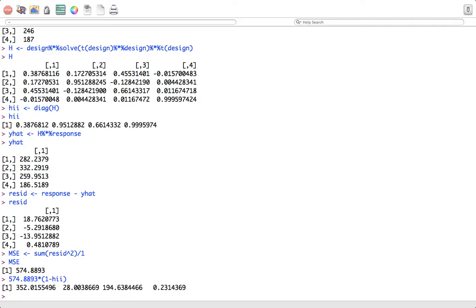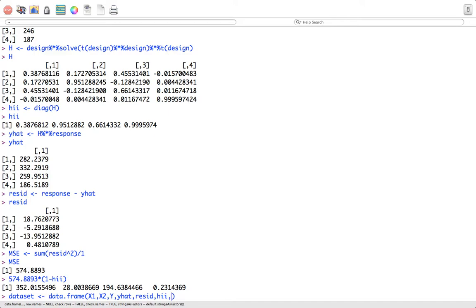So guys, I can create a really cool data set now. Use a data frame. Going back to what I wanted before, I wanted my x1, my x2, my y, my y hat, my errors, and my hii's.